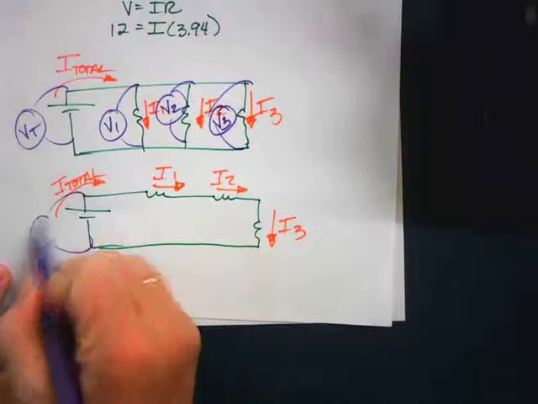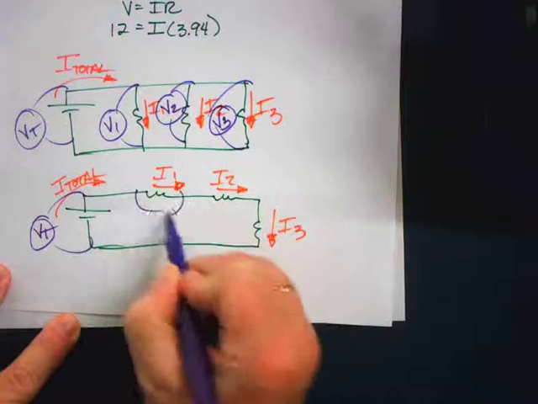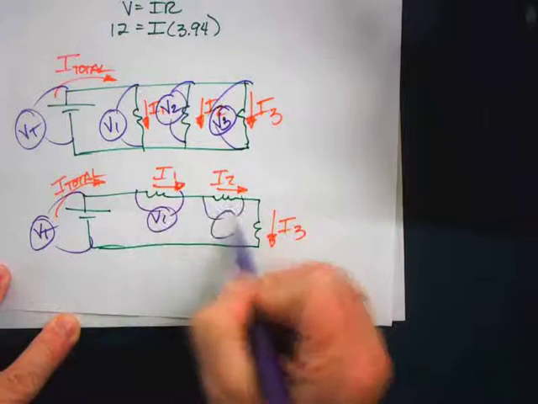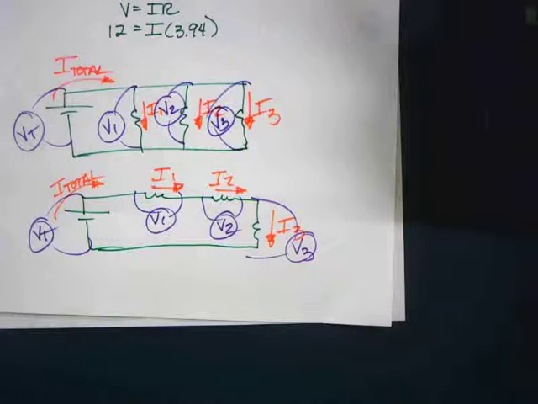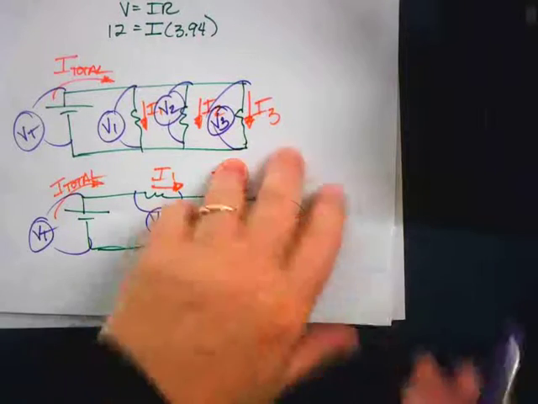Equal. This equals this equals this. And how about here, V total, V1, V2, V3? What's the relationship? Adding them up, right? It's summative. So V1 plus V2 plus V3 equals V total. So good for tomorrow?